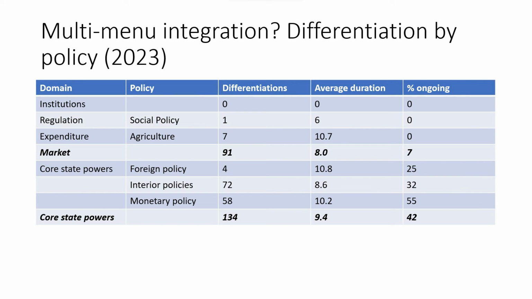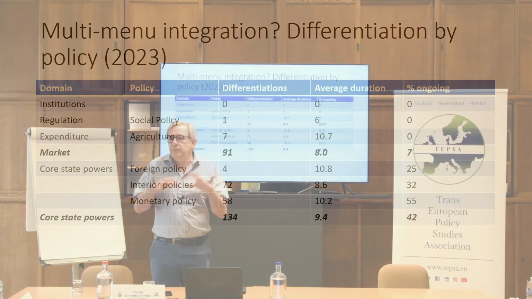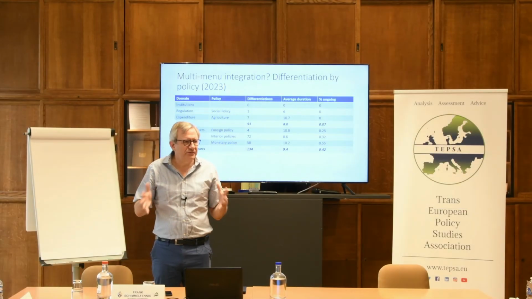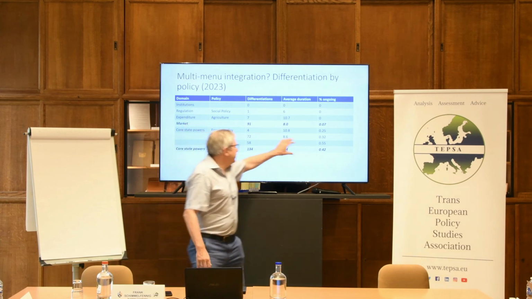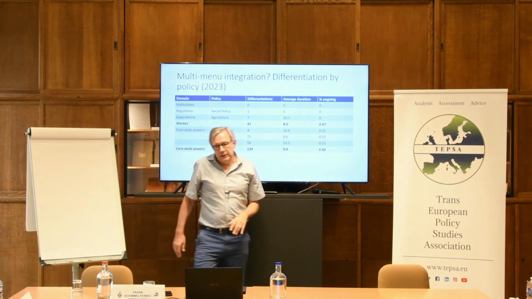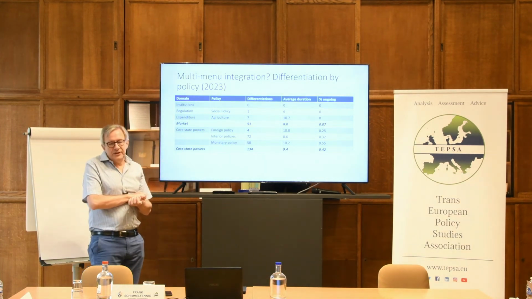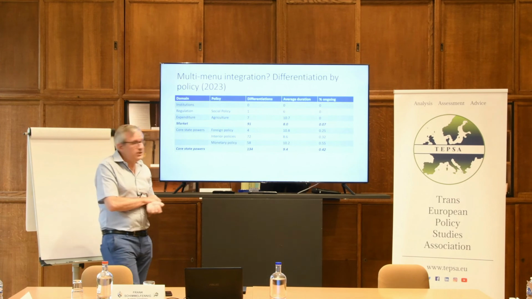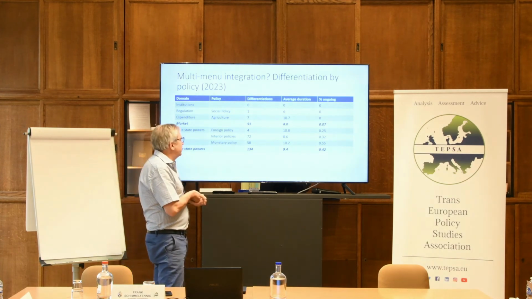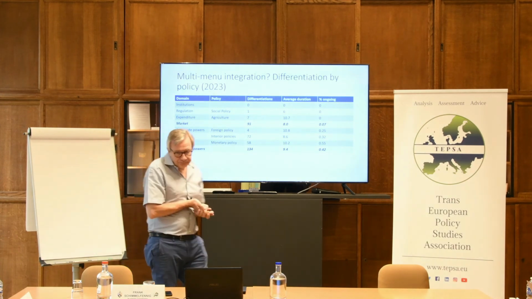So that's clearly multi-speed, right? Whereas in the area of core state powers, still 42% of the differentiations that have ever been negotiated are still in place. So that shows it's much more durable. Those may end too. It doesn't mean that they are fixed forever. But the difference in the percentage of ongoing differentiation is quite striking, quite clear.